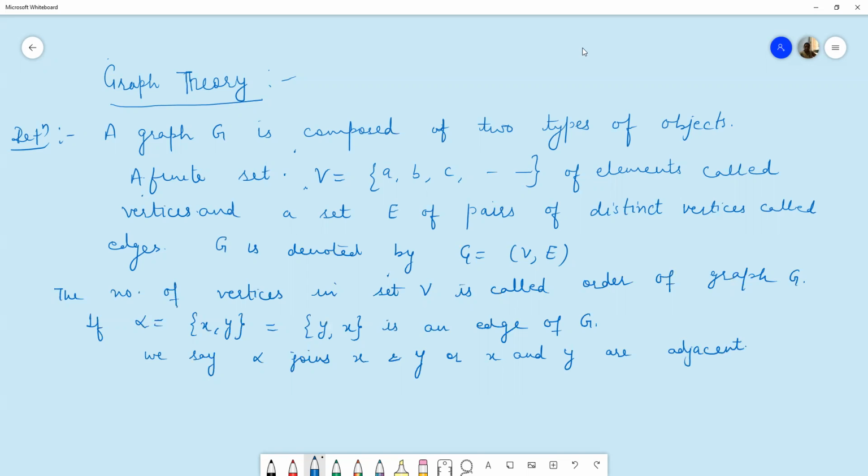And we can say that x and y are incident with alpha, or x and alpha are incident, meaning the vertex x is incident with the edge alpha. Similarly, the vertex y is incident with the edge alpha. Or simply we can say that x and y are the vertices of the edge alpha.